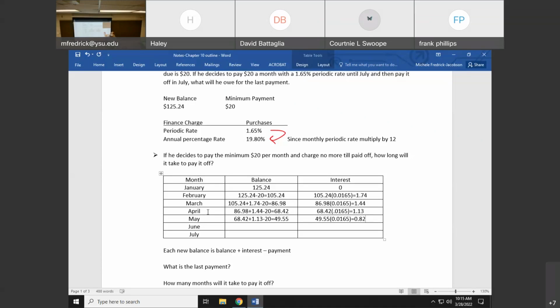I'm getting 82 cents, 0.82. Any questions on May? Okay, go ahead and do April. I mean, I'm going backwards. June.